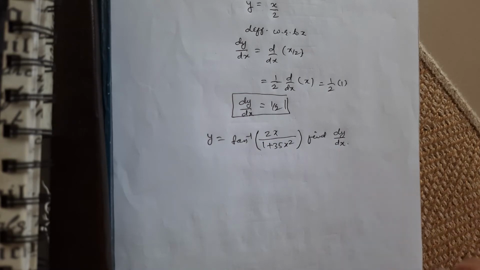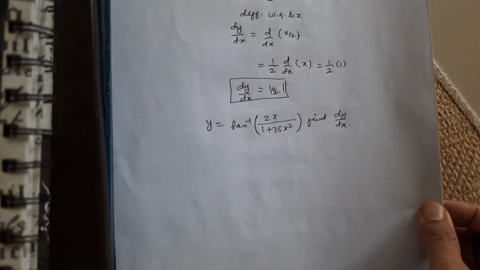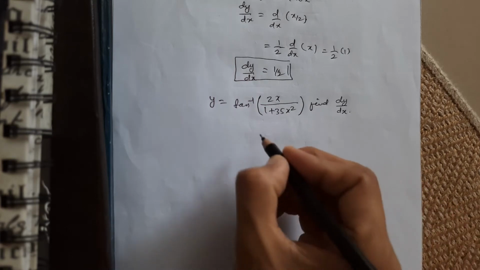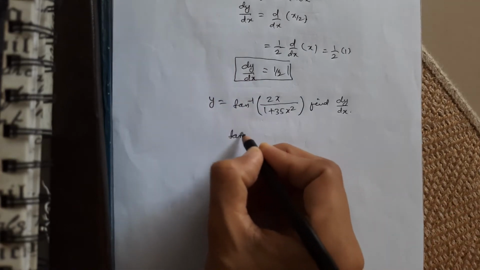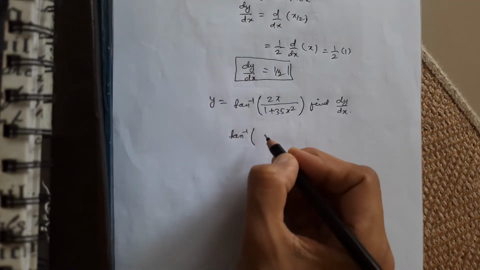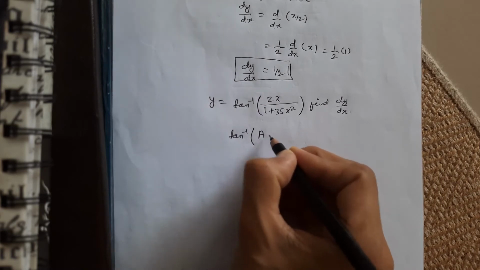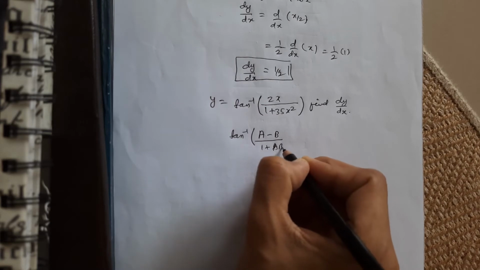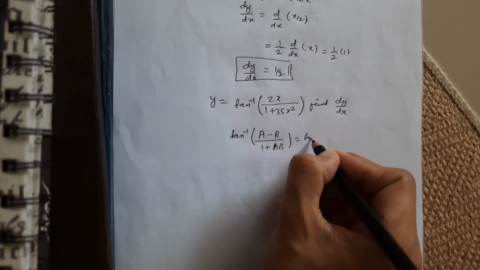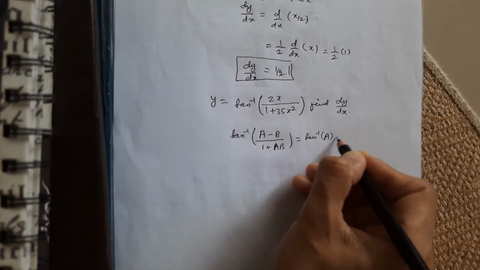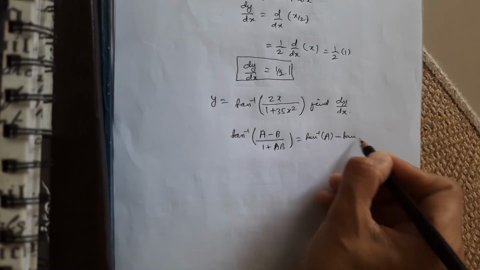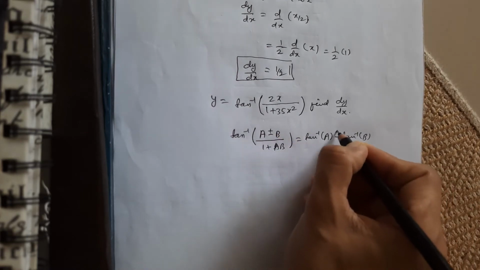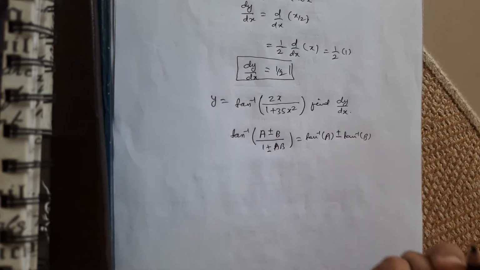Now we already know the formula: tan inverse of a minus b upon 1 plus a into b is equal to tan inverse of a minus tan inverse of b, and if there is a plus sign, then we take a plus sign.